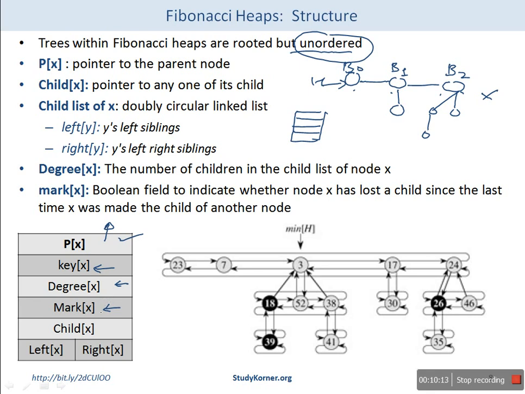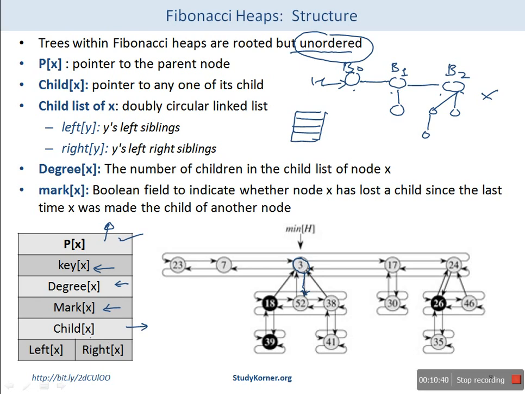The child of x is a pointer to any one of its children. Because it is a circular doubly linked list, for example in node 3, the child pointer points to node 52. We are not required to point to 18 and 38; we just point to one of its children by the child pointer.